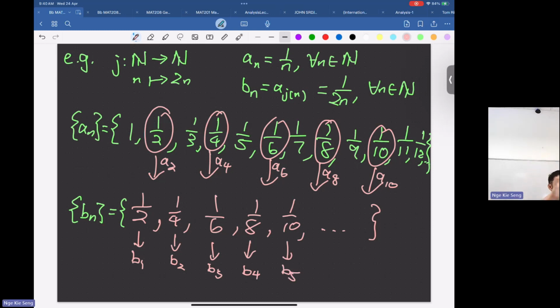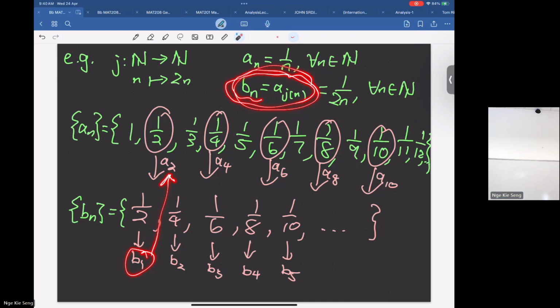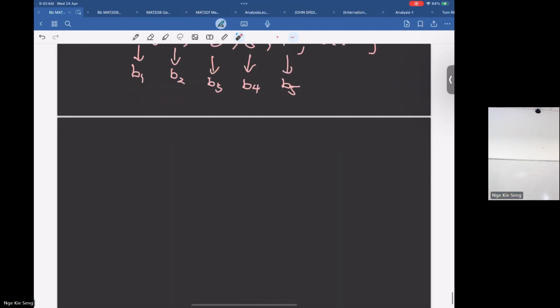So we take the subsequence and then we make a new sequence. Make sense or not? This is this line here: b_n equals a_{j(n)}. You see, b_1 equals a_{2 times 1}, b_2 equals a_{2 times 2}. Does it make sense? Okay, all right.